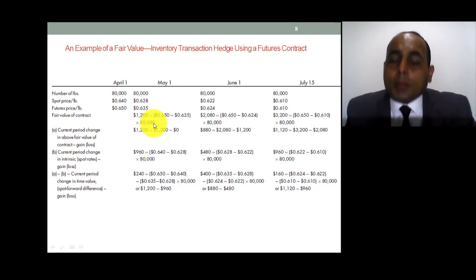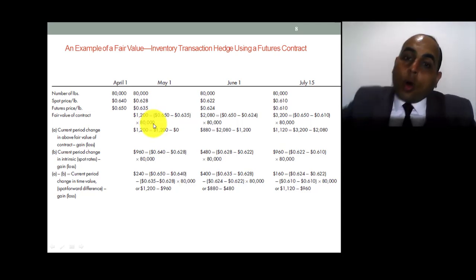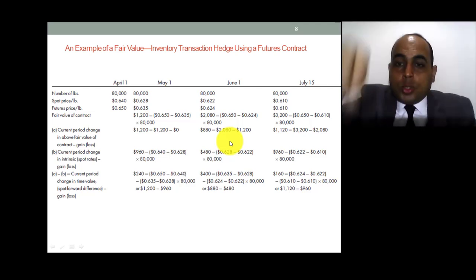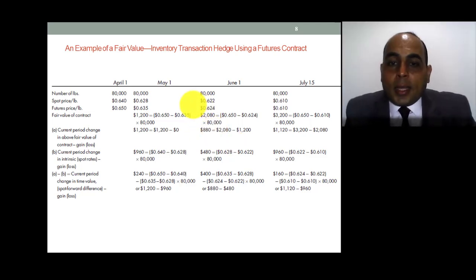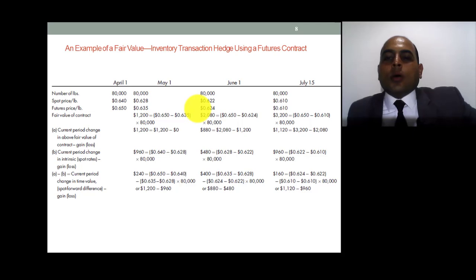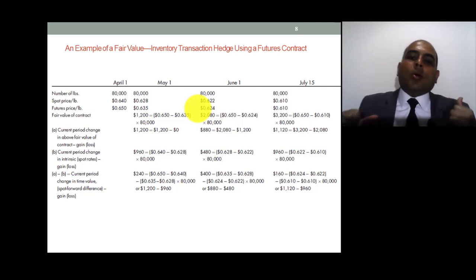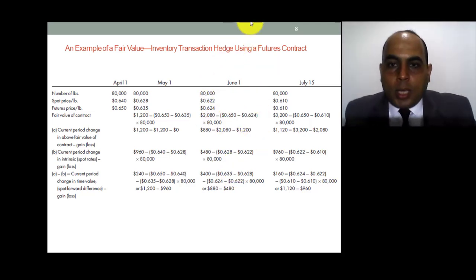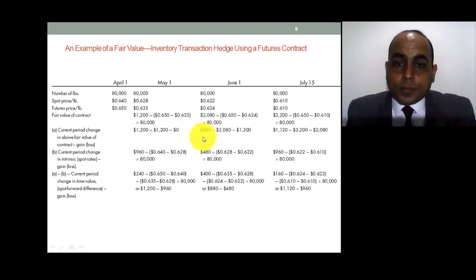You have to deduct it because already you have recorded it. So the amount occurring in June is 880. This is the gain of the future contract.